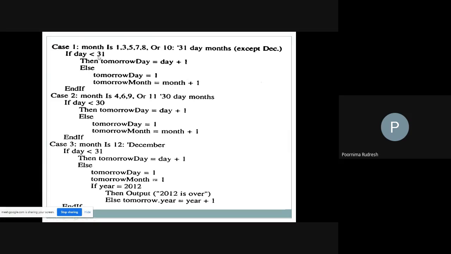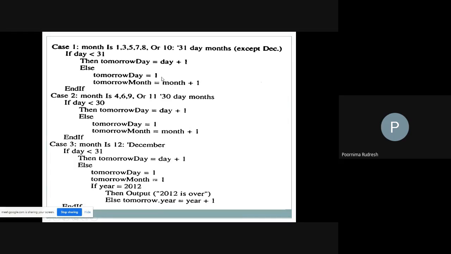Or if the condition fails, let us consider October 31st. Day is equal to 31. Is 31 less than 31? No, it is equal to 31. So this condition fails, and tomorrow day is equal to 1, which means we are moving to the next month, because after 31st we get the first of the next month.